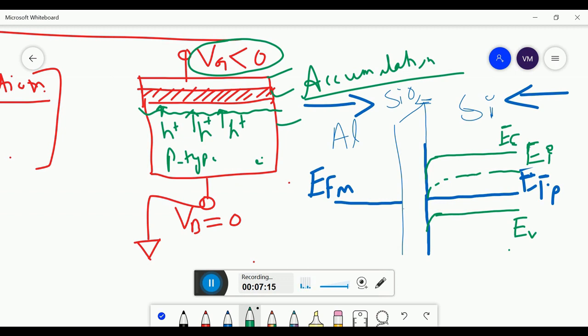Now we have applied a negative voltage like this. So what happened due to the negative voltage? Let us first consider the aluminum gate. You are applying a negative voltage here, which means you might have applied a battery something like this.